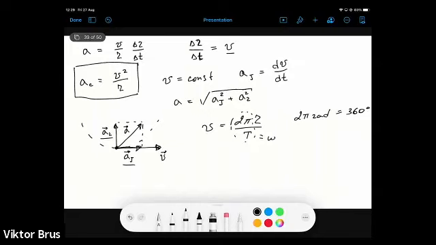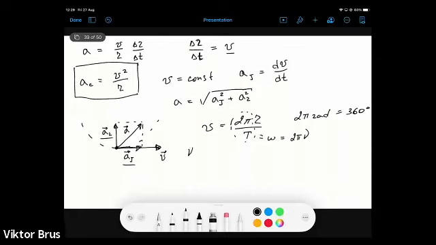And omega is in its turn also equal to 2 pi times nu, where nu is the frequency, the number of revolutions of this particle about its axis along the circular trajectory per second.